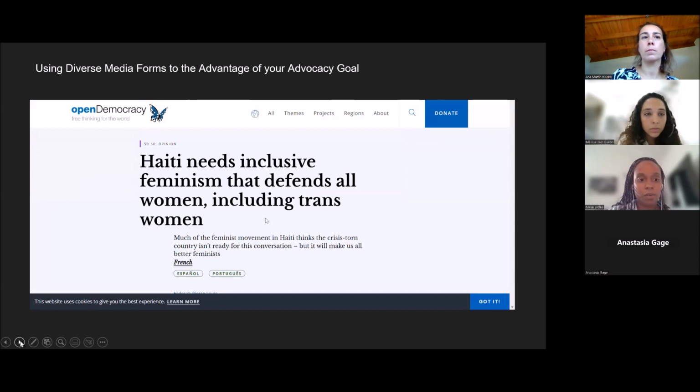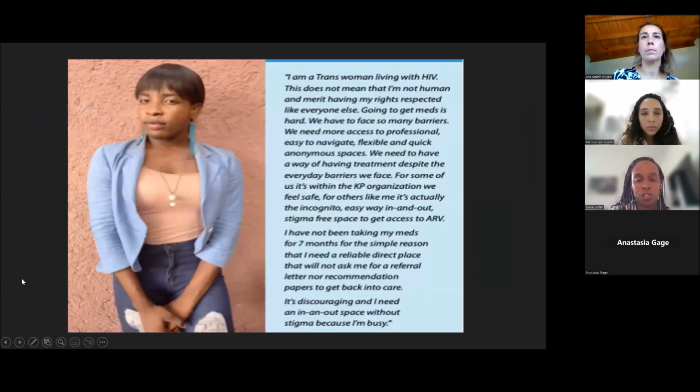So I think the best approach, again, this is talking about the power of stories in advocacy. It's very fundamental, and it brings a level of respect in the advocacy strategy.